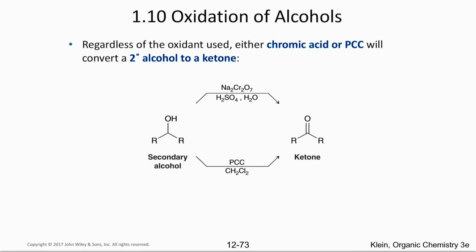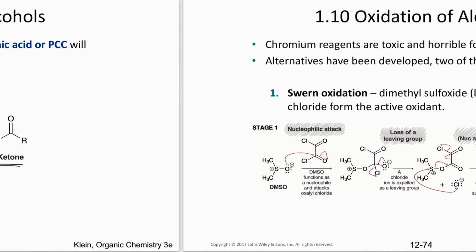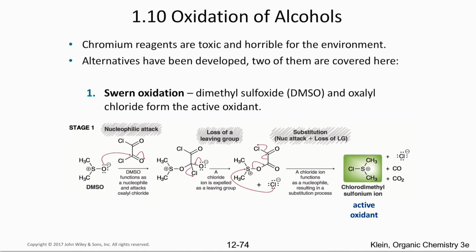But again, tertiary alcohols will never undergo this, so there is no way you can have a tertiary alcohol forming the final product. Chromium reagents in general are toxic and really horrible for the environment because they are toxic metals, and once in the water they can dissolve easily and cause a lot of chaos.